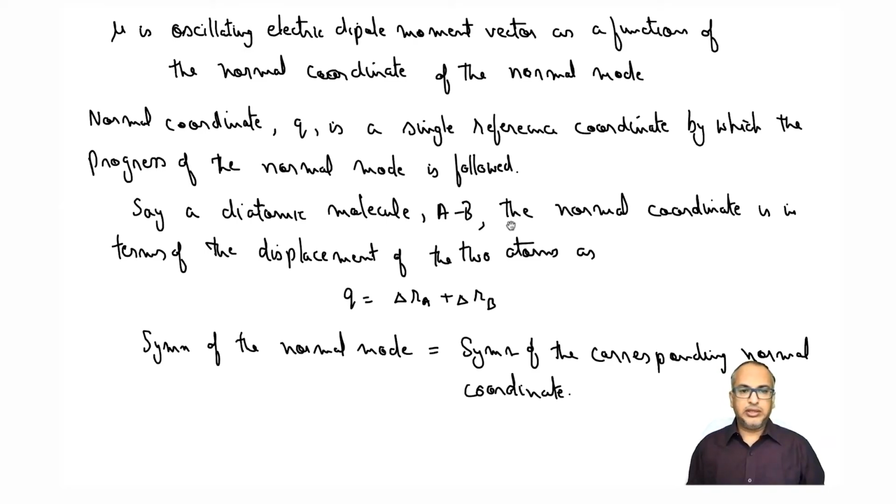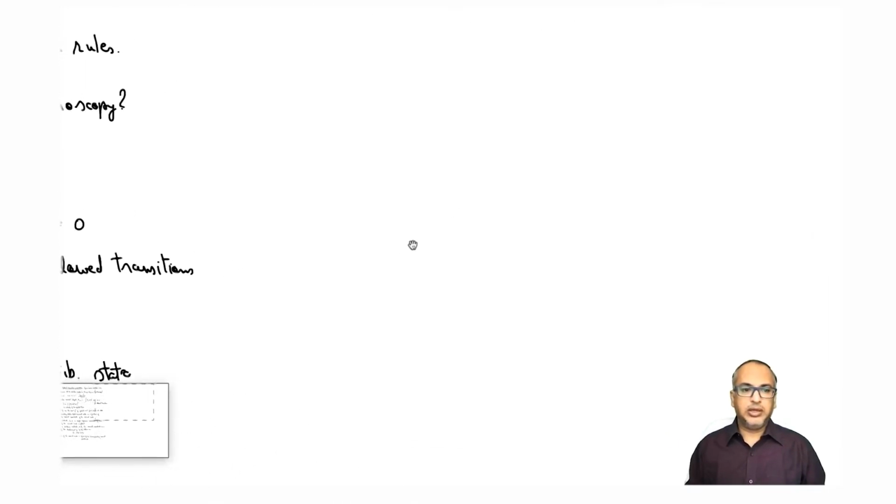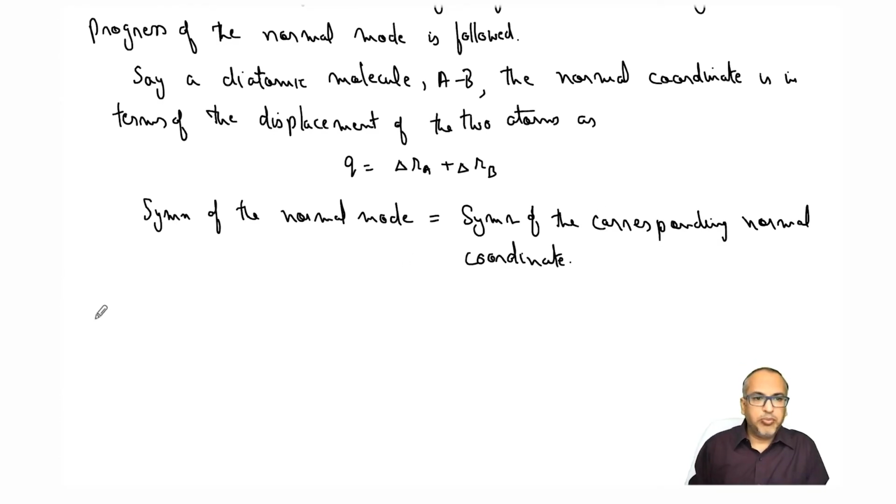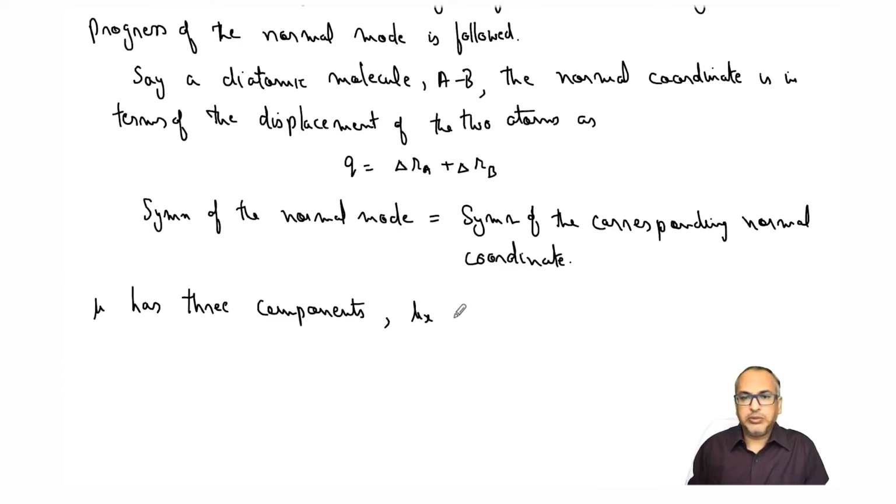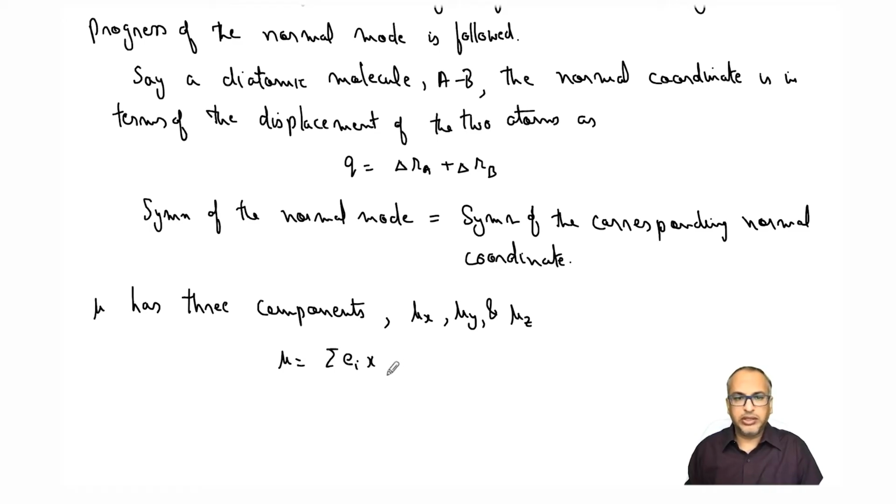Now let's see what mu is. Mu has three components. That we have also learned earlier, right? You can express mu as the summation of mu x, mu y, and mu z. Basically, mu is nothing but the summation of charges present at different Cartesian coordinate values.